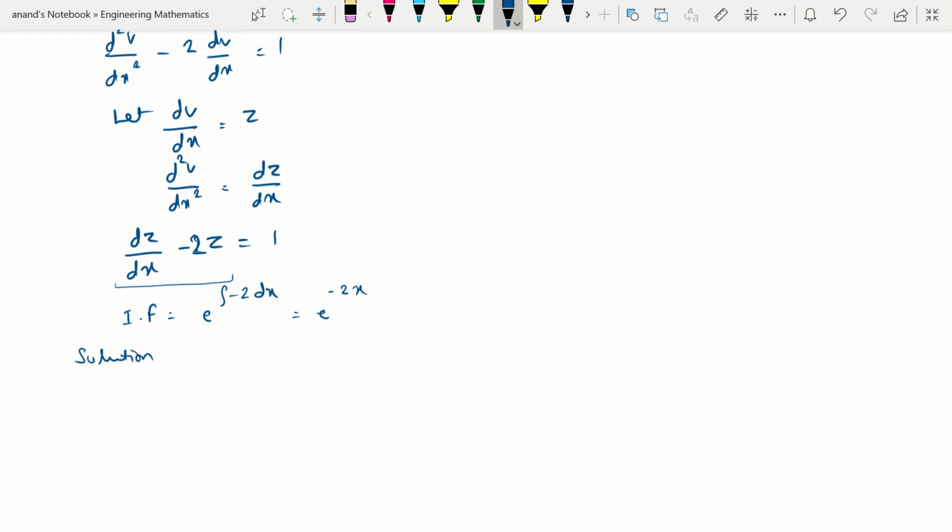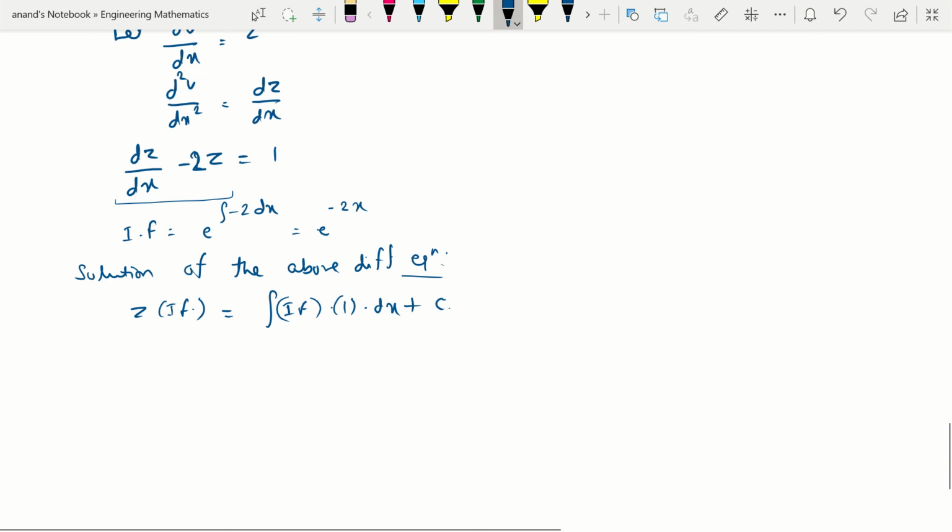The solution of the above differential equation will be z into integrating factor equals integral of integrating factor into 1 dx plus c.